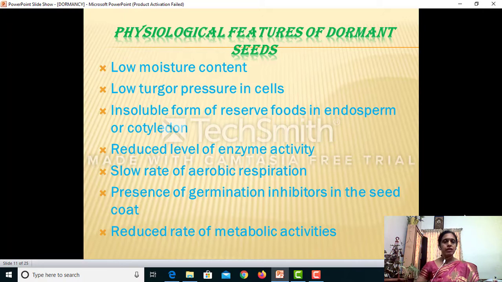The enzyme activity is at a very low rate, aerobic respiration is very slow, and there are germination inhibitors in the seed coats. Because of these germination inhibitors in the seed coat, germination of many types of seeds is stopped, inducing dormancy. The rate of metabolic activity is also very low.